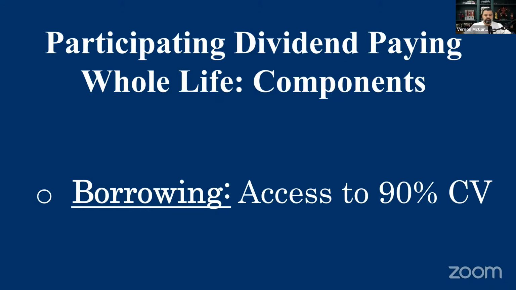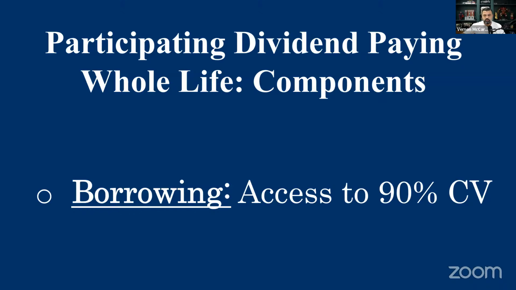I can access policy values up to 90% of the total cash value, which rises daily, readily on demand. The insurance company, they get really nosy. They ask two really invasive questions. They ask if you want a check or direct deposit. Can you believe the nerve of these guys? Unbelievable. I'm kidding. It's a very simple process. That's exactly what they ask. Would you like us to send you a check, or would you want to give us banking information and we'll simply EFT the money to your bank account?